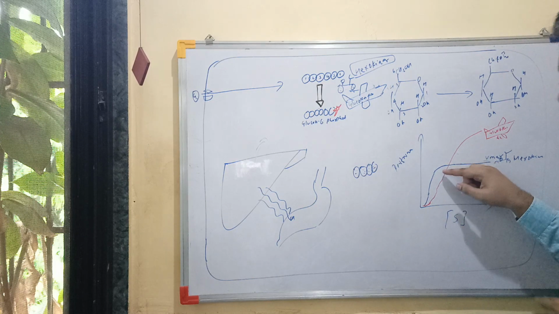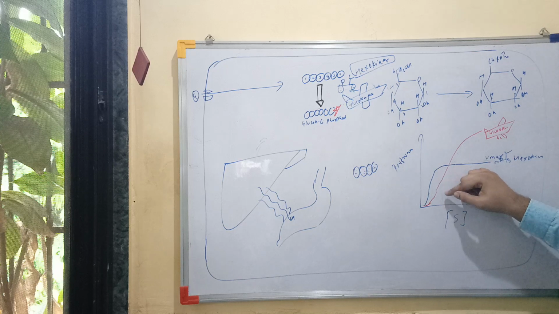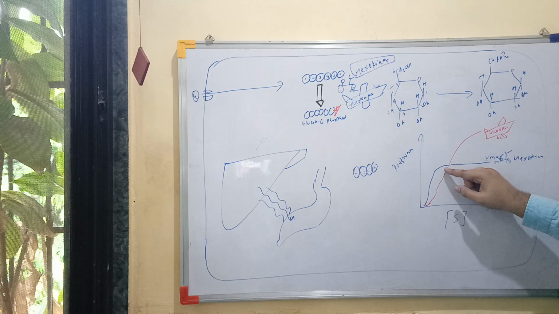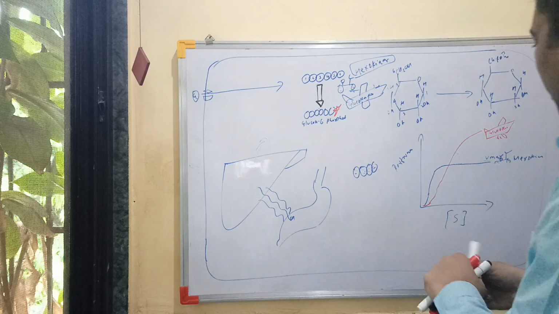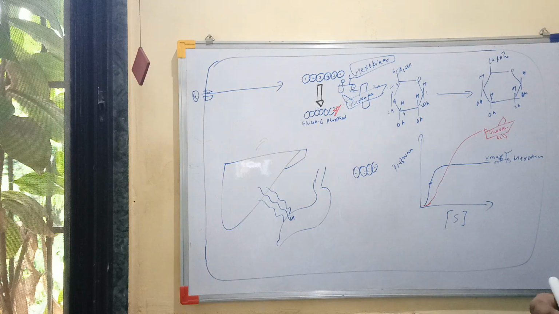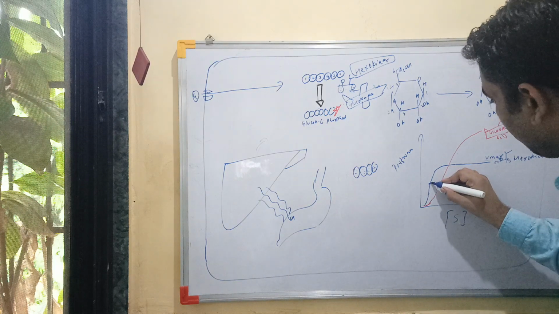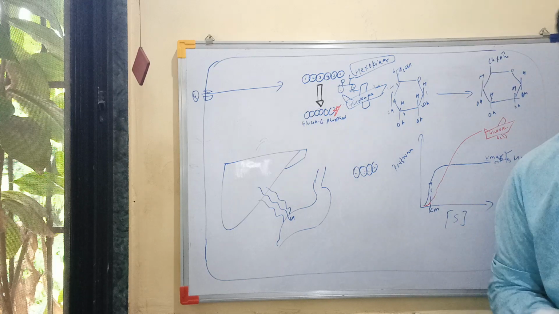If hexokinase is getting fully saturated here, all the hexokinase capacity is finished, correct? At this concentration of glucose, hexokinase is all saturated. So its half will be your Km. So if we plot here, this is Km.